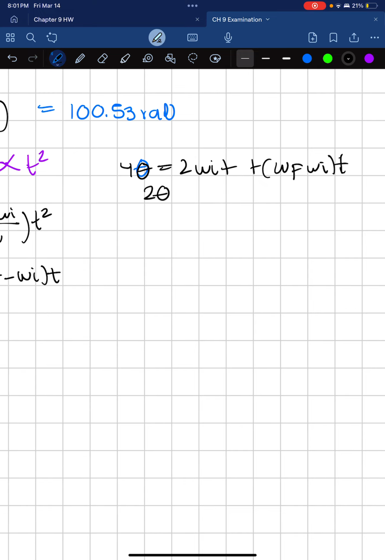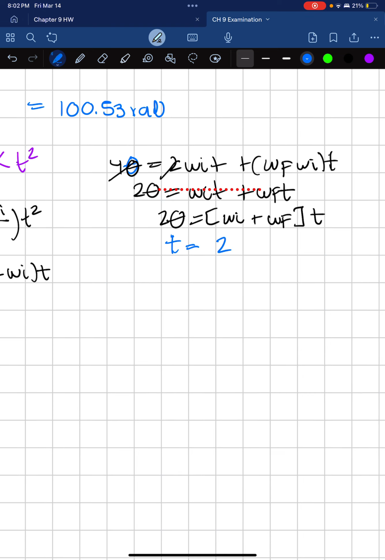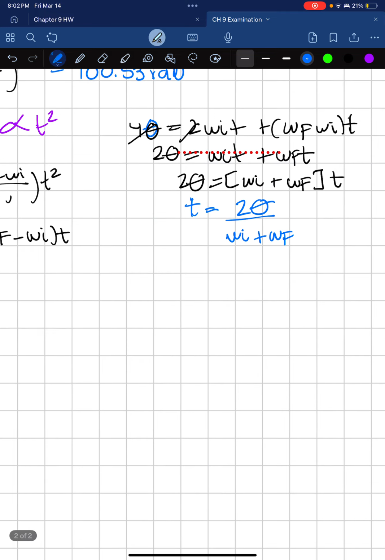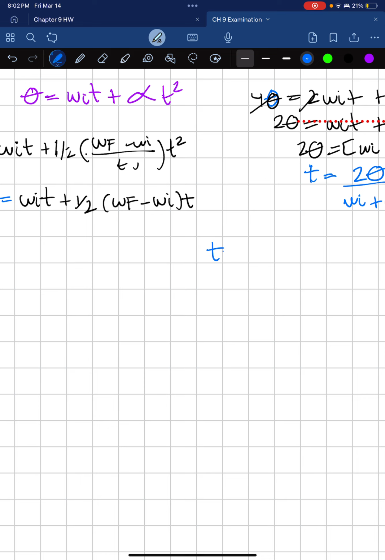Then we move the 2 from the other side, these two cancel out, and we are almost there. We put it to the other side, and then we get that our formula is the following, plus the final velocity. Okay, now that we have this, we can plug in what we have.